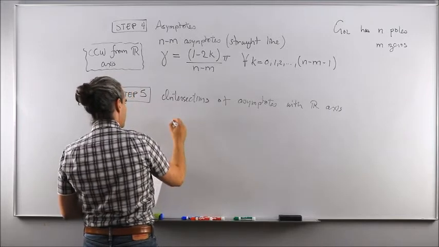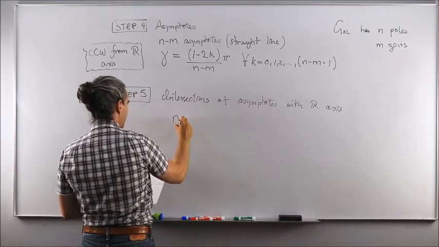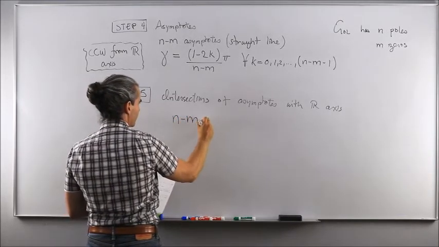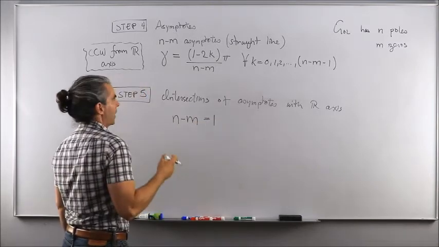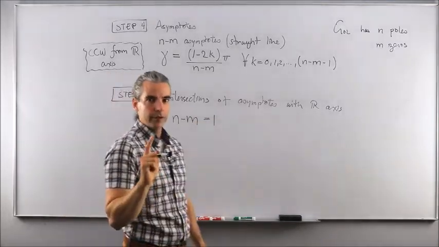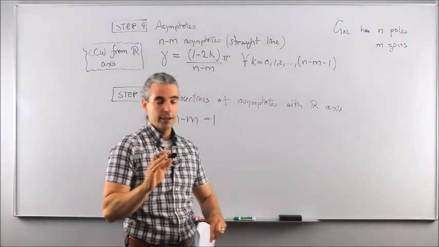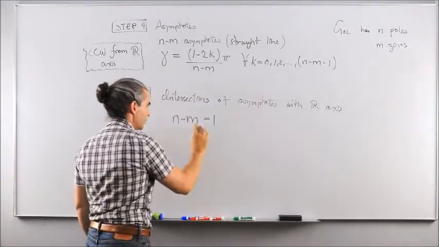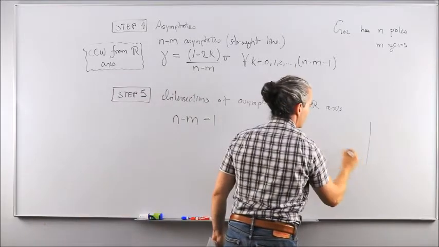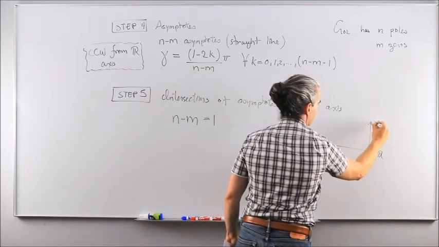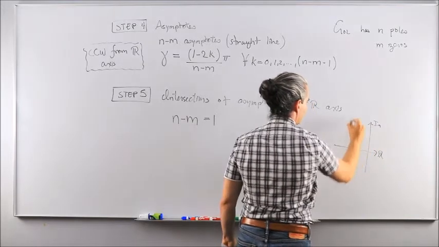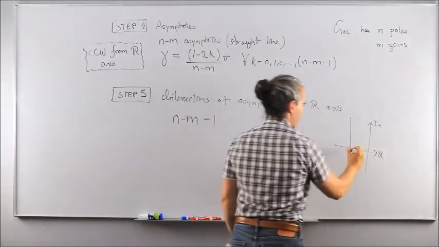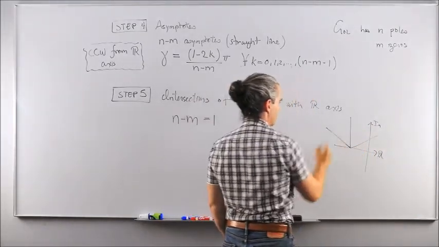Now, there's a specific situation that says if there is only one asymptote, by virtue of step number 1 that told you that the root locus is always symmetrical about the real axis, there's no way that you could get this asymptote to be going like that, or going like this, or even like that.